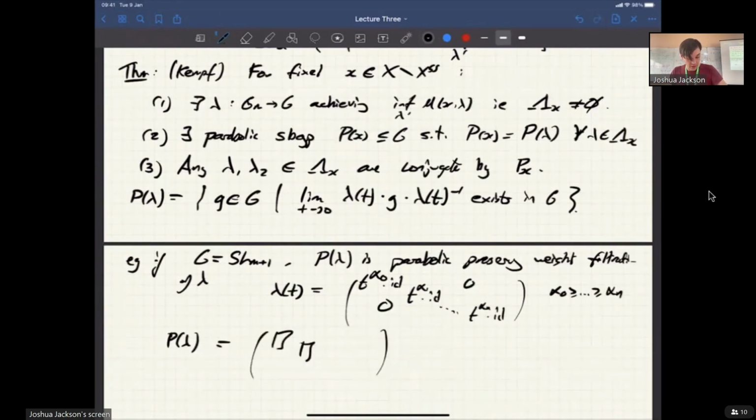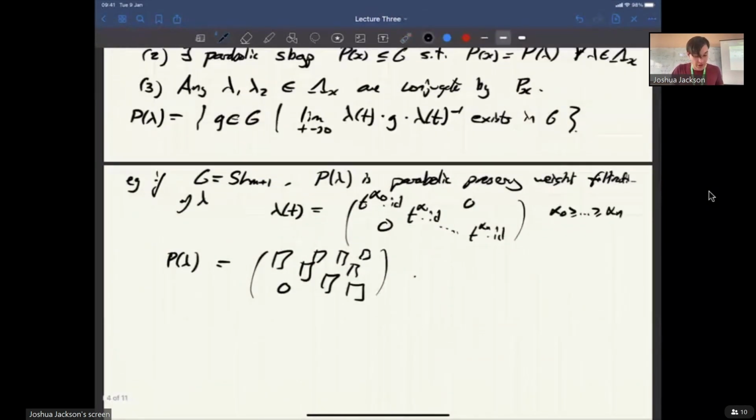So it's like the thing where you require it to be block upper triangular, like that. So this is a really good example to fix in your mind when I talk about the next stuff, because it can be quite abstract, but for SL, it's sort of concrete. You can sort of write down what it is.